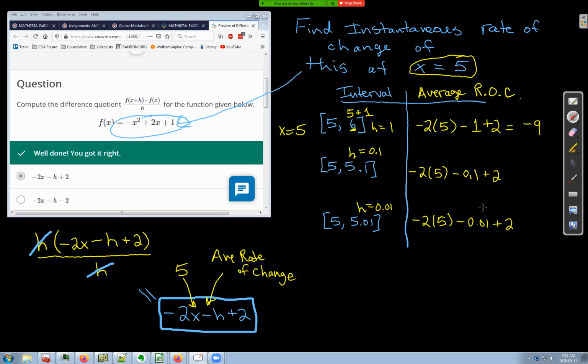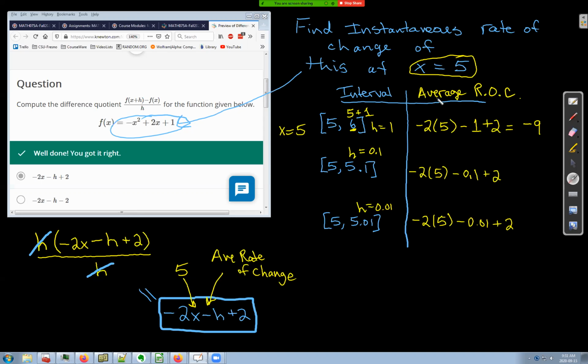So anyway, that might not have been super clear. If what I just said made sense, then that's awesome. If it didn't make sense, then you're going to have to trust me a little bit. The moral is that the difference quotient is a simplified version of the average rate of change.